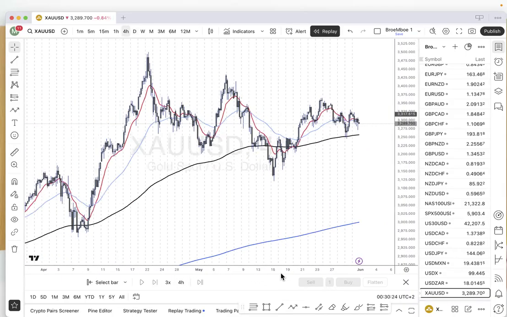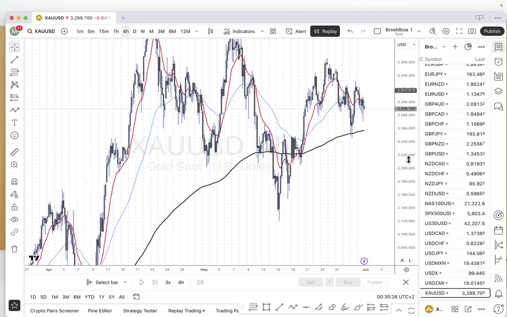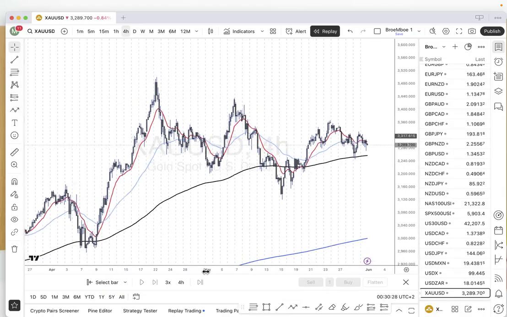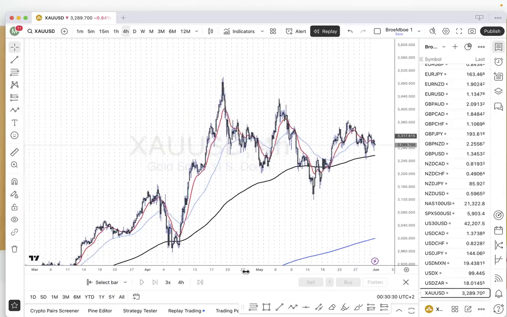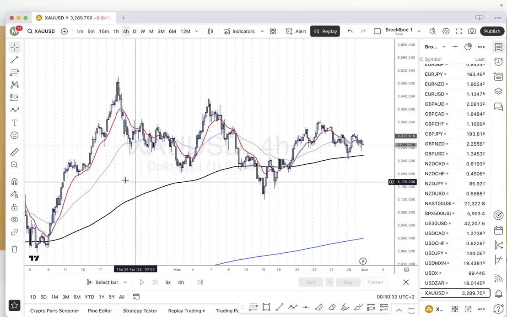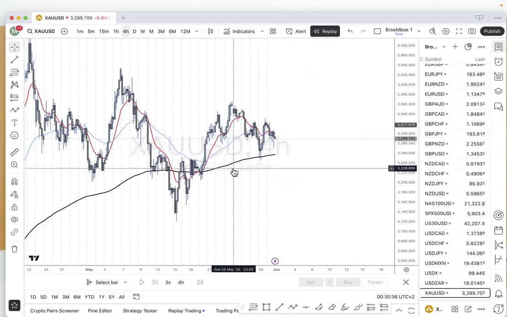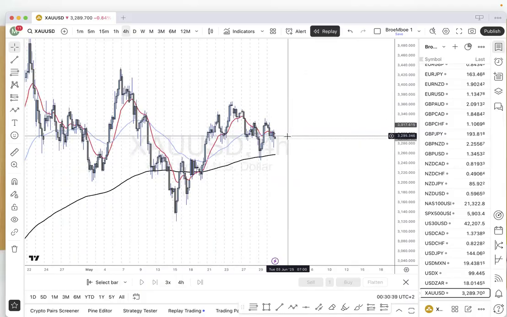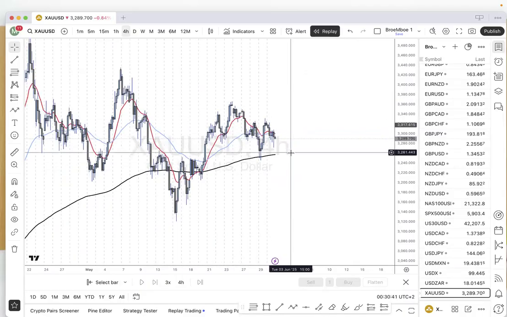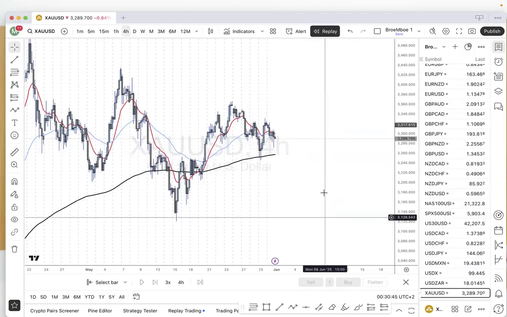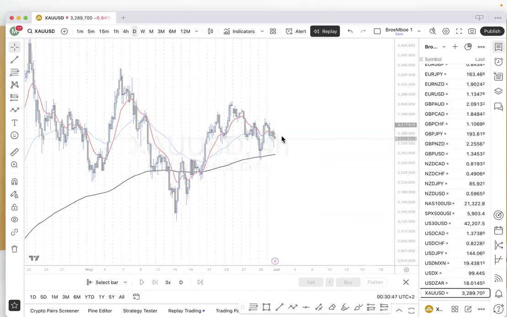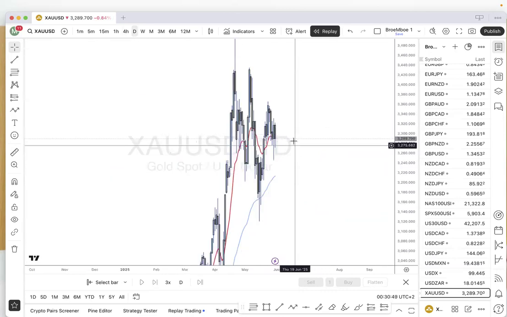If you come to the 4 hour, the last low on the 4 hour was definitely broken, which makes me think that yes, the sell will come, but only to that low. I don't know what's going to happen after that, because D1 will then give us the bias.